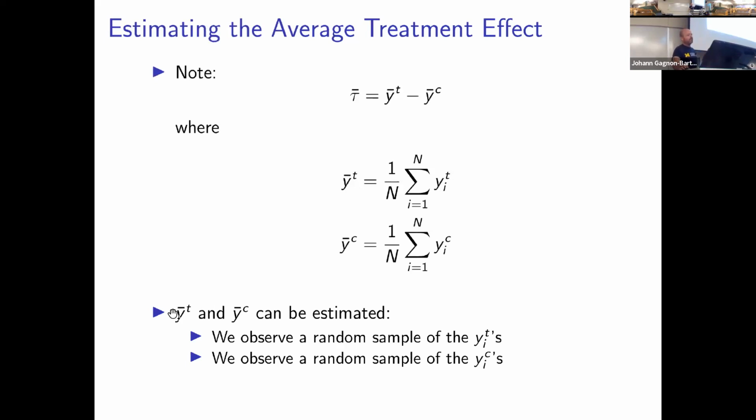And the average of the treatment potential outcomes and the average of the control potential outcomes can both individually be estimated because we observe a random sample of the treatment potential outcomes and we observe a random sample of the control potential outcomes. So it's basically just a sampling argument.